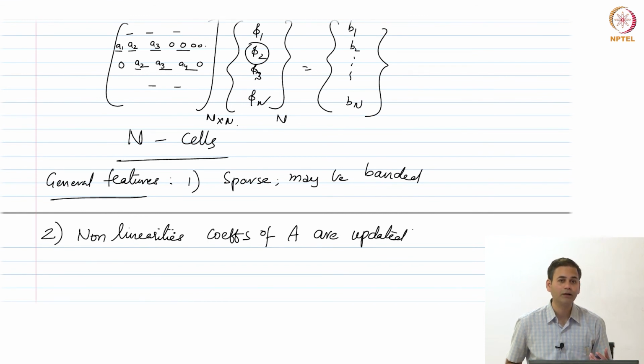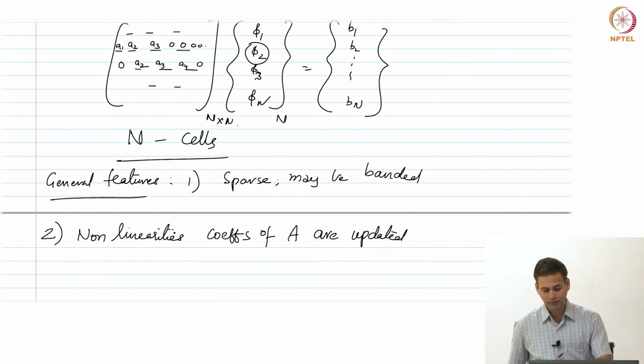For example, let us say the diffusion coefficient K depends on temperature and you are solving for temperature, so K is a function of temperature. With your guessed value of temperature, you obtain some K, but then as you keep getting better and better temperatures, the K value gets updated. That K value goes into your coefficients AP, AE, A west. So this matrix itself keeps getting updated if you have non-linearities in the flow problem.